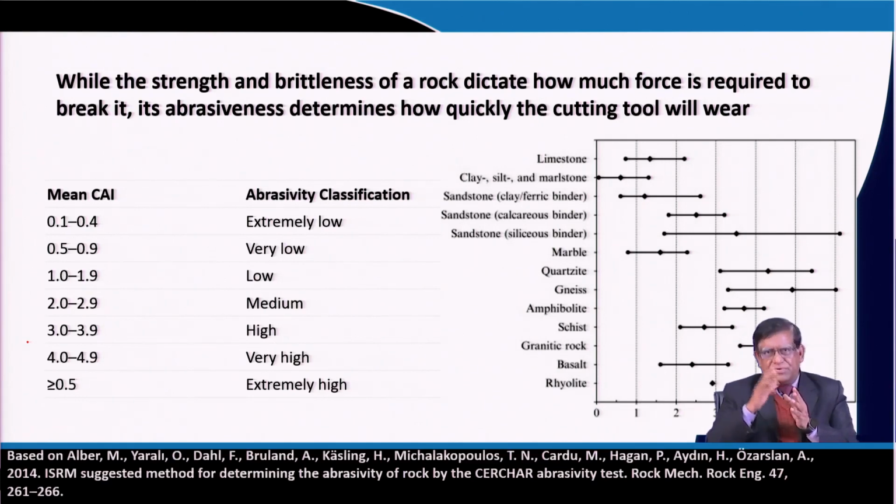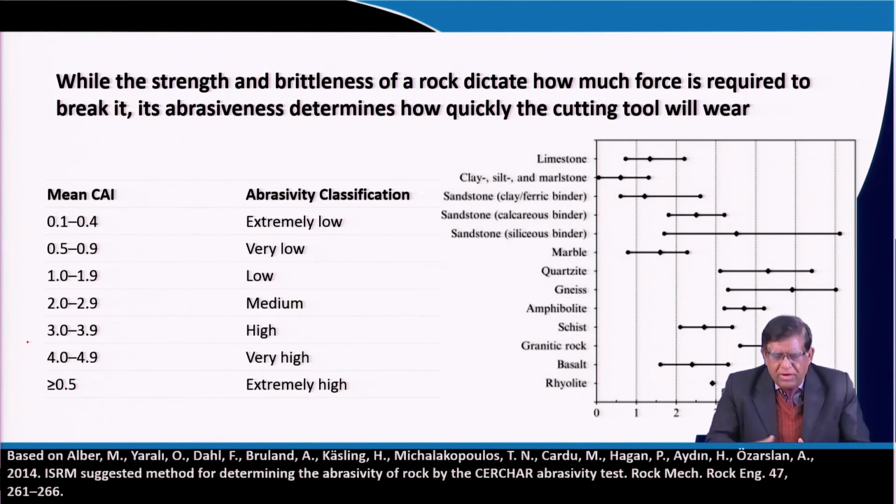Similarly, as you have studied about wear, during manufacturing the heat treatment gives you different strength. While manufacturing tools, the tool material has to be selected based on these two properties, strength and abrasiveness.